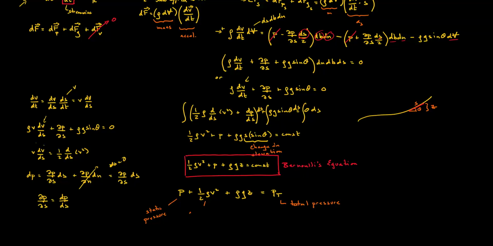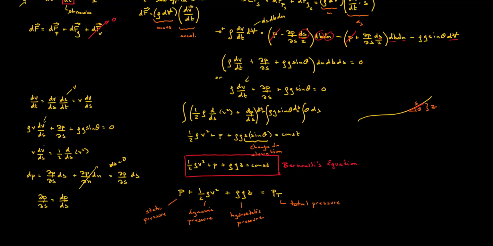This is what we call dynamic pressure, and it's associated with the velocity of the fluid. And this final one should look familiar. This is the hydrostatic pressure, and it is associated with elevation.